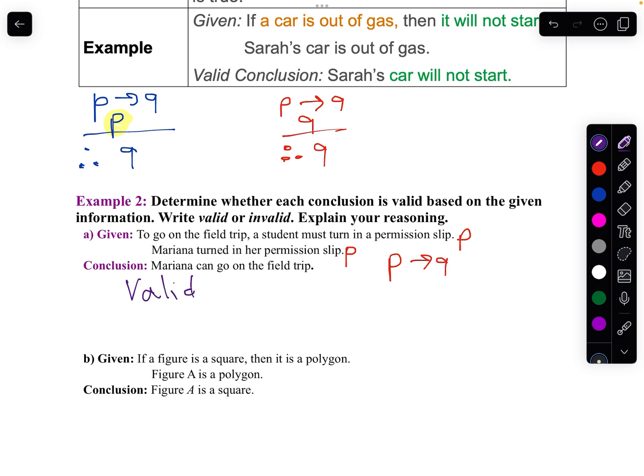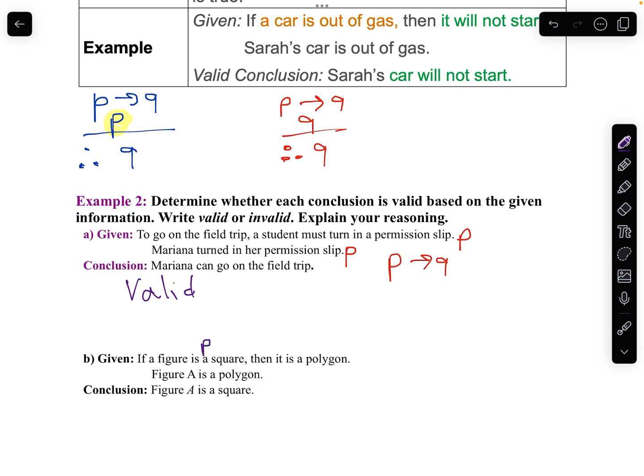Now, if a figure is a square, I think I'll call that P. Then it's a polygon, I'm going to call that Q because it's an if-then form. So I know P, then Q. Notice figure A is a polygon, that would be Q. So in other words, the only thing I know is Q happened.